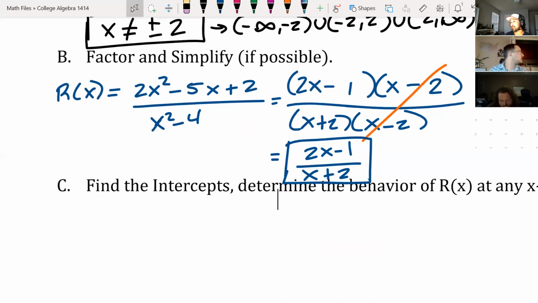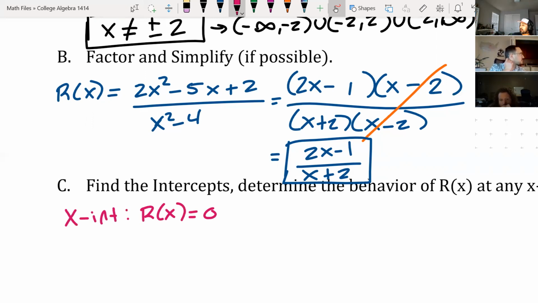So next is find the intercepts, determine behavior. So first up is our x-intercept. We let r of x equal 0. But remember the trick: domain comes from the denominator, x-intercepts come from your numerator.